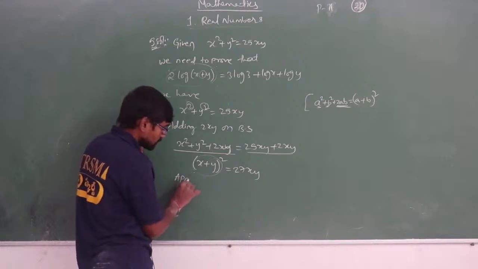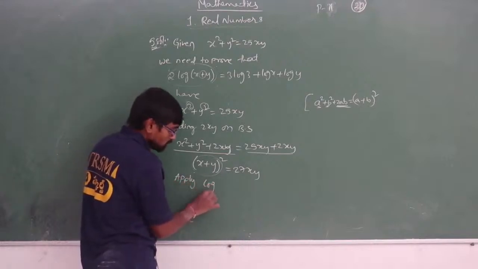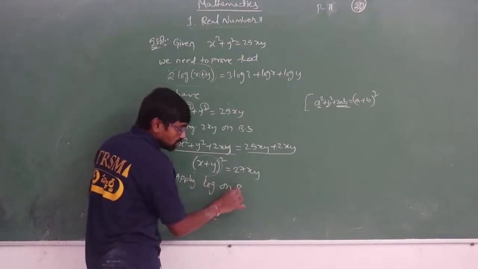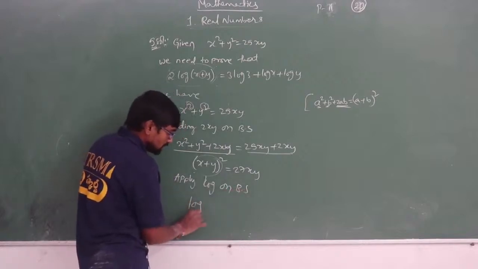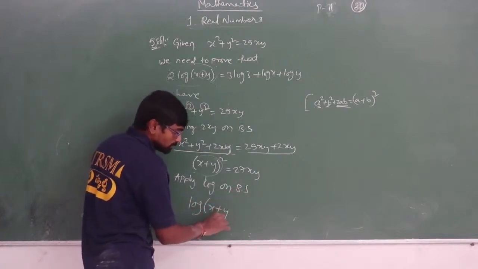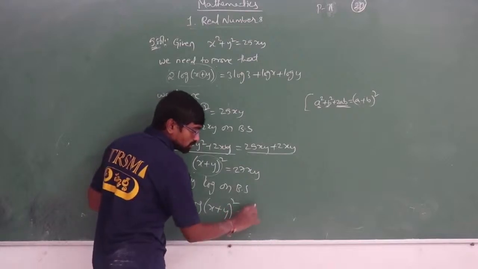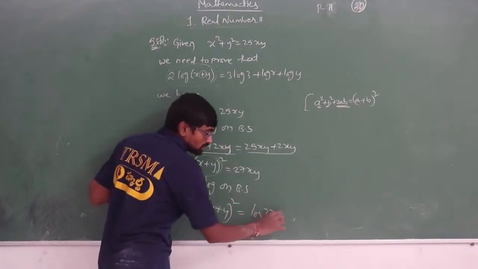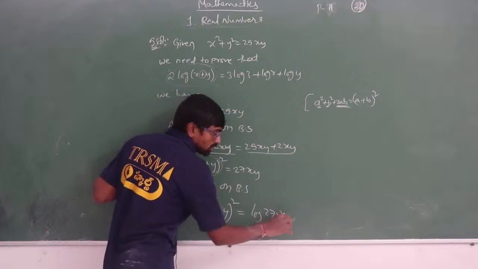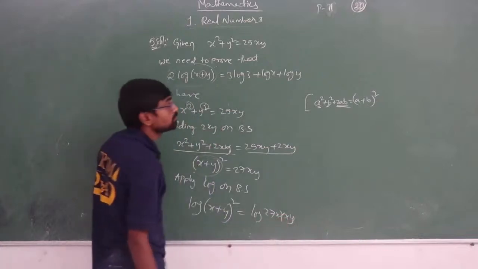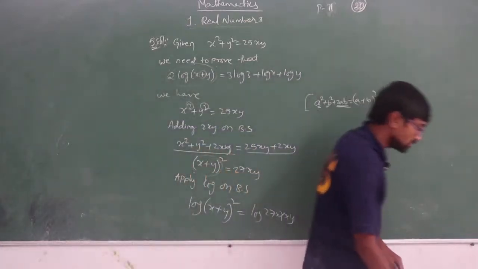Now apply logarithm on both sides. When I apply, it becomes log of x plus y whole square is equal to log of 27 into x into y. Am I right? Okay, so this thing we have got.